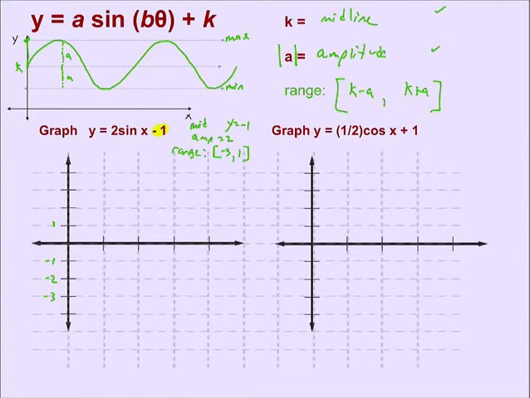Had the range been like -30 to 10, then I wouldn't be able to count by ones on this graph. So now that I have my y-axis marked from -3 to 1, I can say the midline is at -1. And I'm going to draw a very light little line there, another very light little line at the max, and another at the minimum.